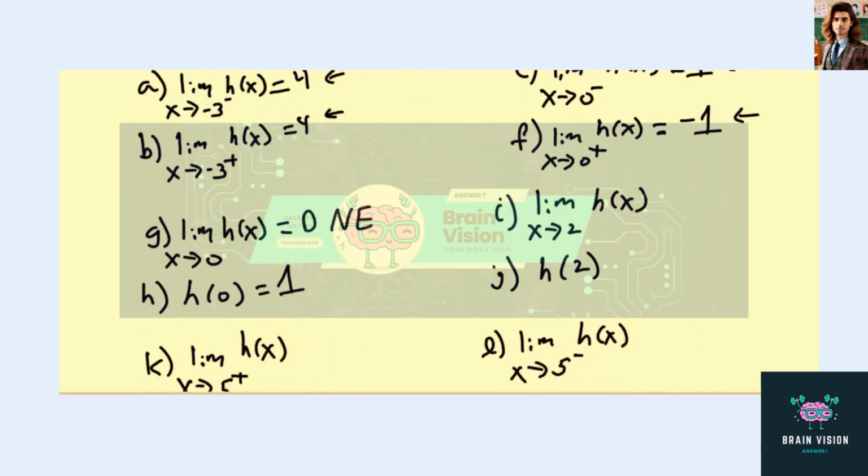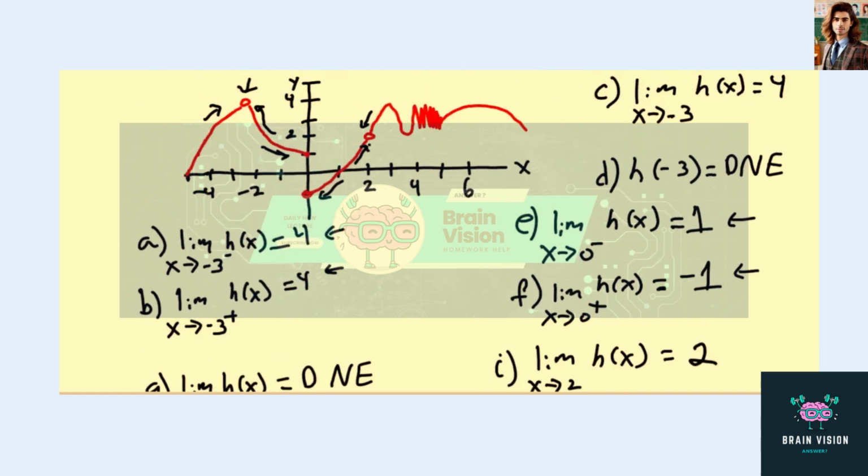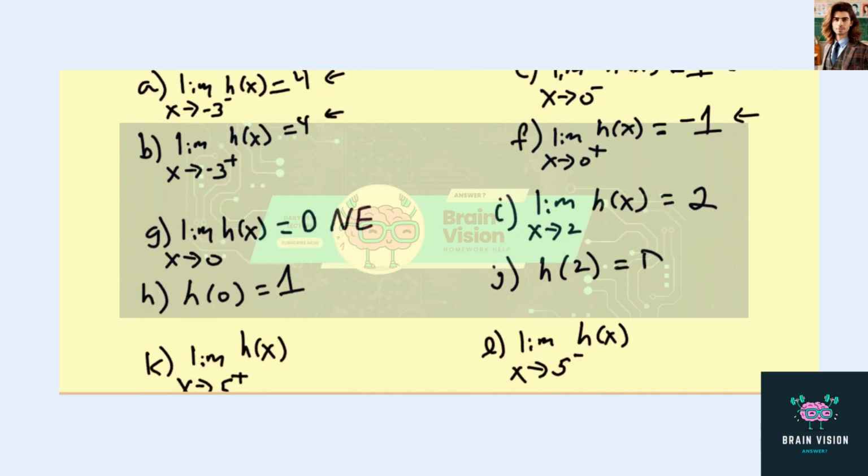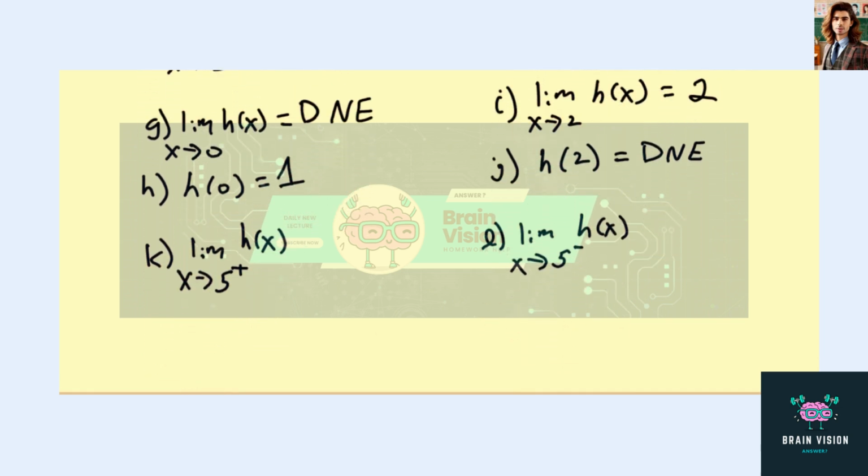Coming in there. So that makes this 2. And h at 2, again, is an open circle, and there's no other dot for it anywhere else presented. And so this does not exist.